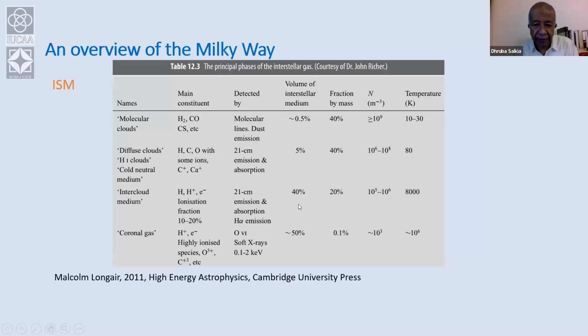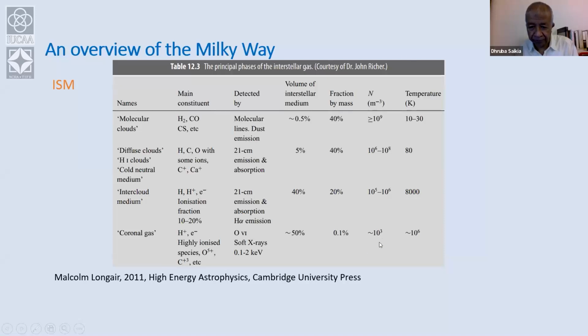And the intercloud medium fills up a lot of volume, fraction of mass goes down, densities go down, temperatures go up. Coronal gas, which is the hot gas which I mentioned, which you can see in the X-rays as well as from highly ionized species, fills up a lot of volume, with very low mass and very low number density.